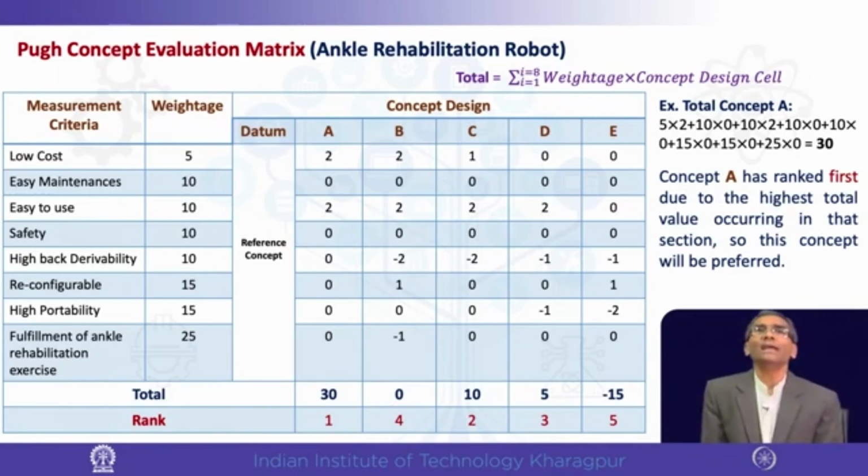Now, for example, let us take easy to use. Easy to use, we see that A through D are very good compared to the datum, but E is the same, there is no difference practically.